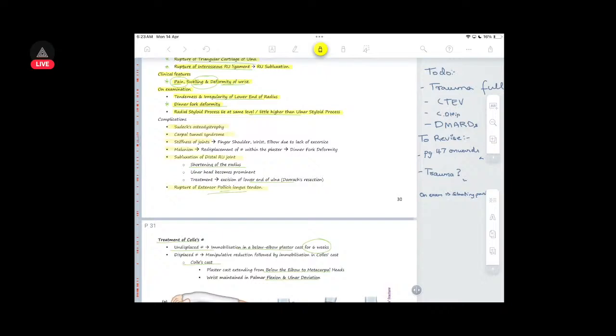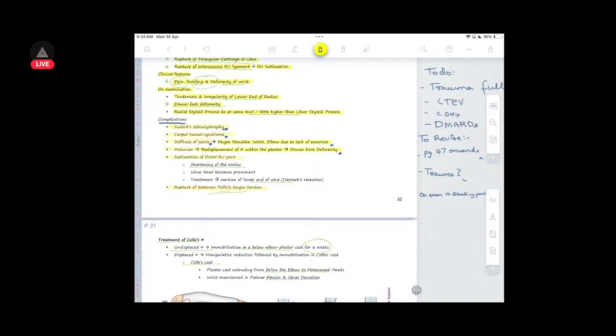than the ulnar styloid process. Then complications: you have Sudeck's osteodystrophy, carpal tunnel syndrome, and stiffness of joints, of the fingers, shoulder, wrist, and elbow due to lack of exercise. Malunion will be there, with redisplacement of the fracture within the plaster leading to dinner fork deformity.